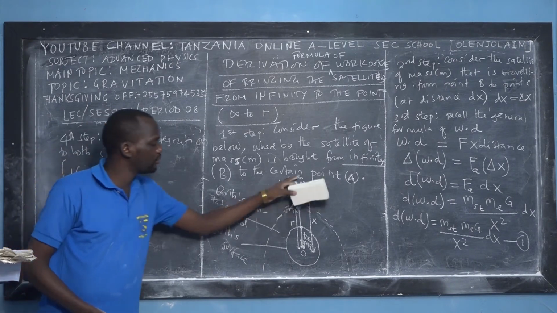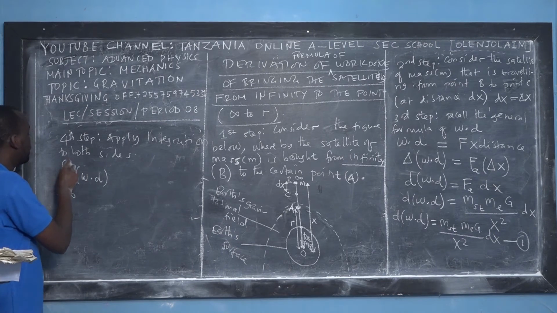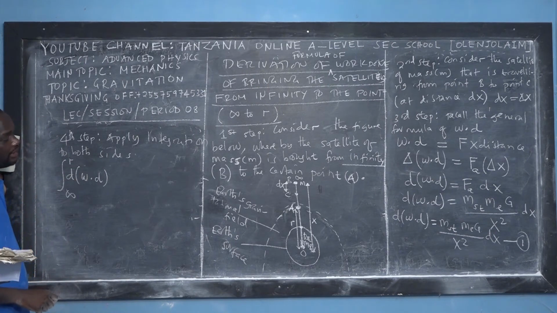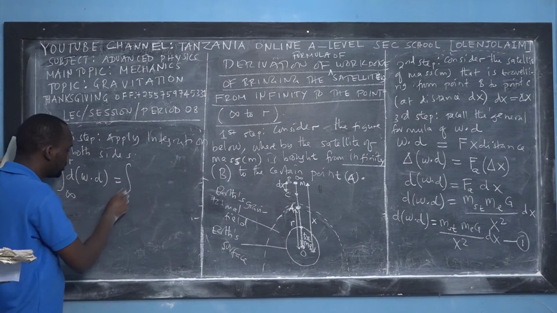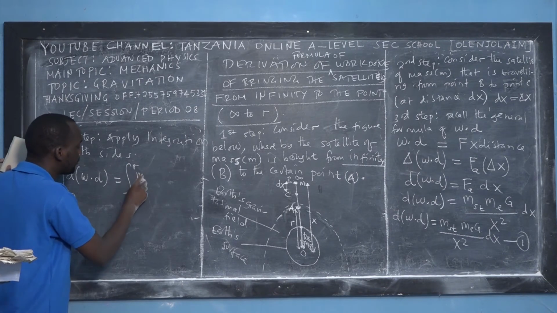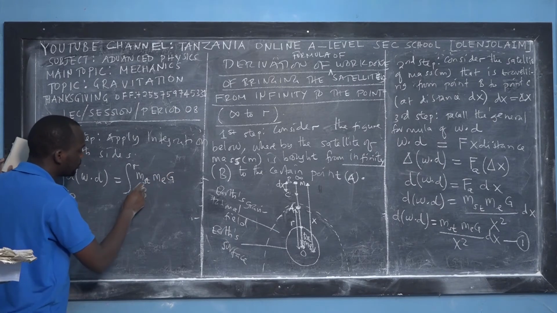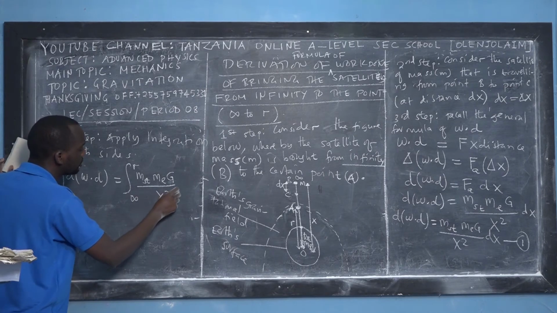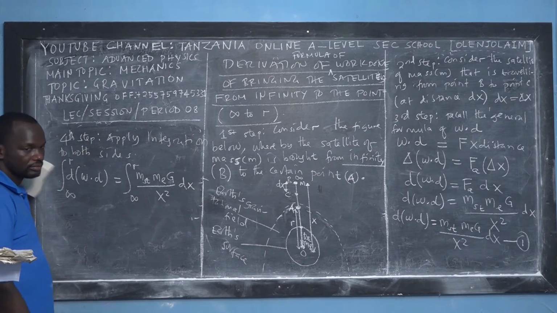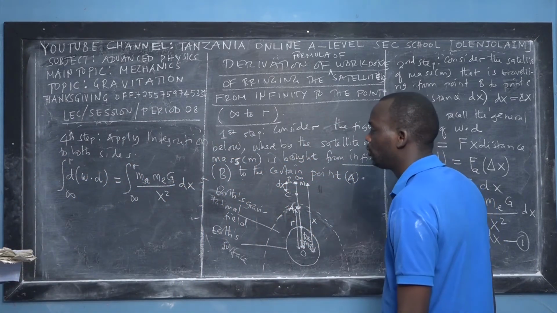You're taking a satellite from infinity to the point A. So from infinity to point A. Listen carefully, the distance from S to the point A is R. This is equal to what? Integral from infinity to R, and then you have mass of the satellite, mass of the S, universal gravitational constant, then x squared dx. So this now is a very beautiful mathematical expression.